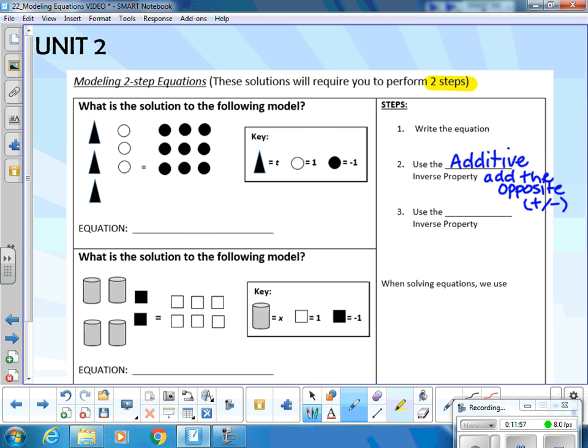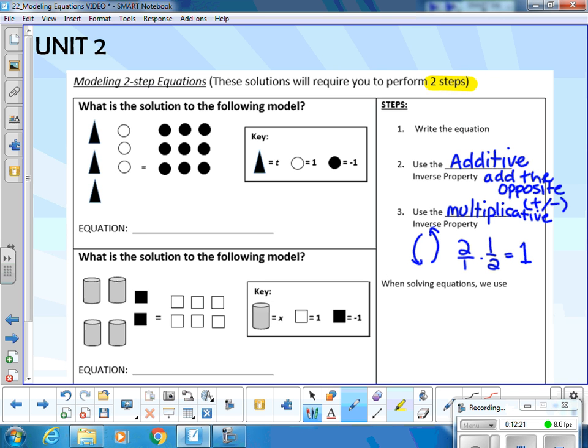And then the next one is using the multiplicative inverse, which means using that flip. So we're multiplying by the flipped fraction. So if it's 2, we put 2 over 1, and we multiply by 1/2, and that gives us 1.